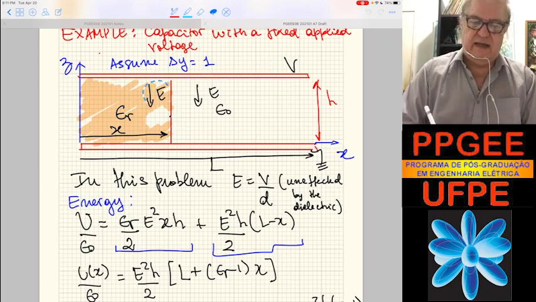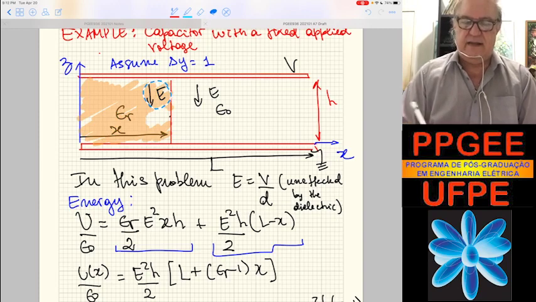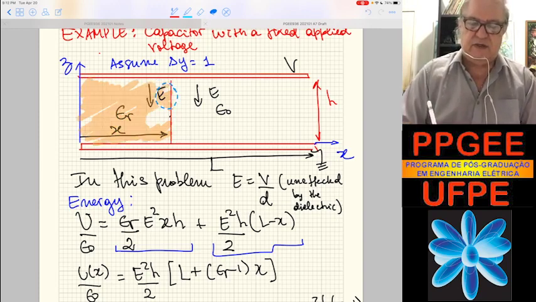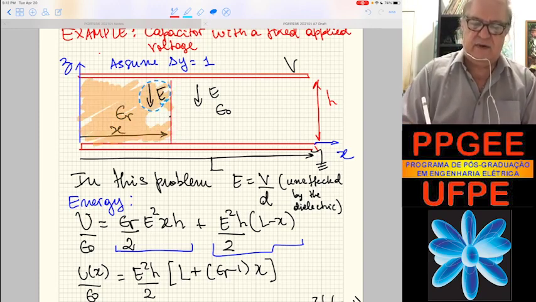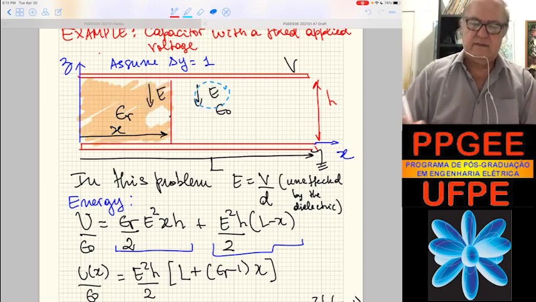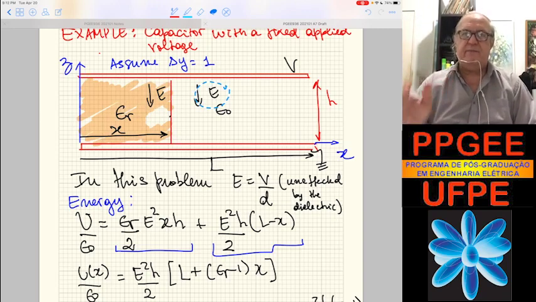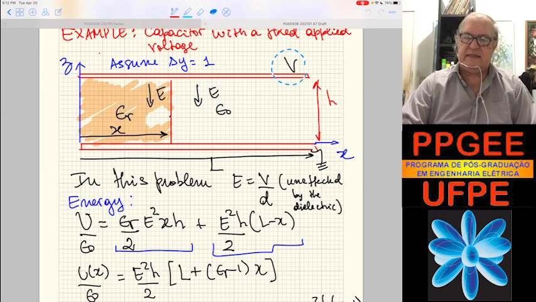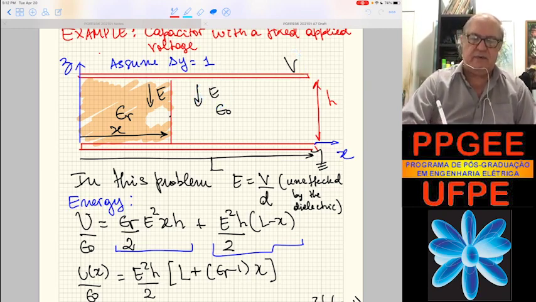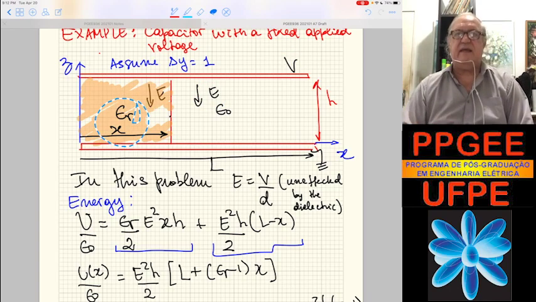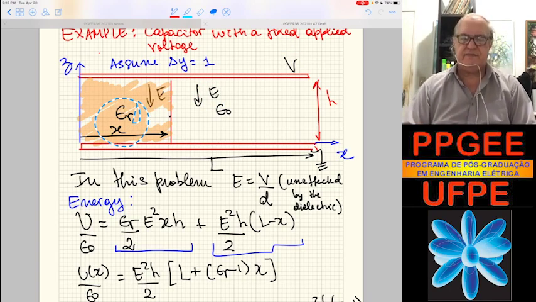So the E field is uniform, and also the tangential field is continuous, so the field has to be the same in both regions, okay? And because the potential is fixed, this E field is always constant, independent of the position of the dielectric in the capacitor.